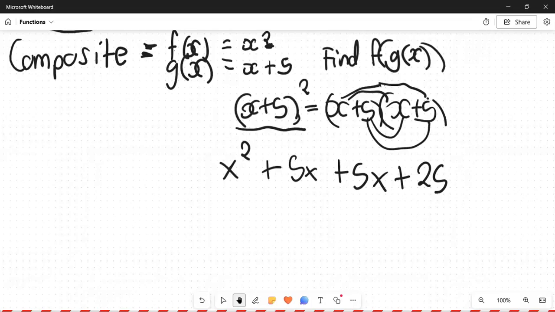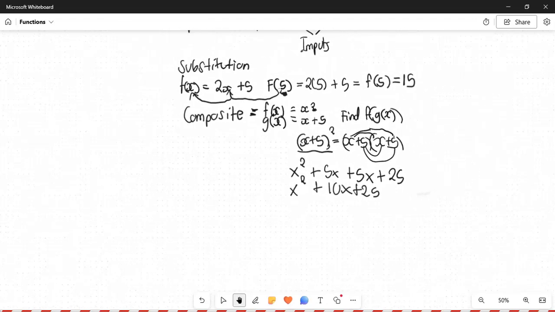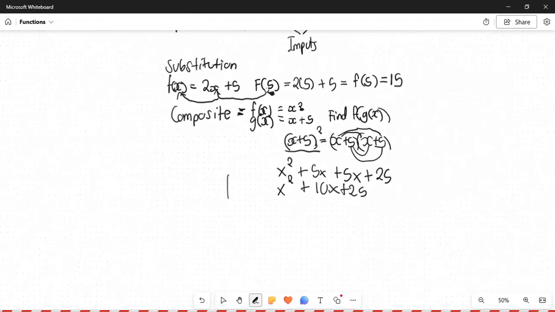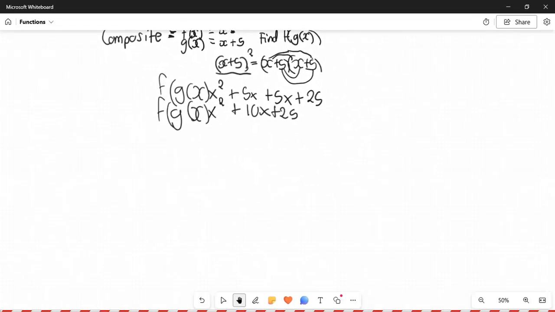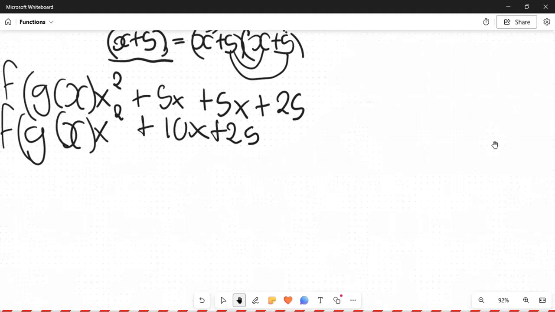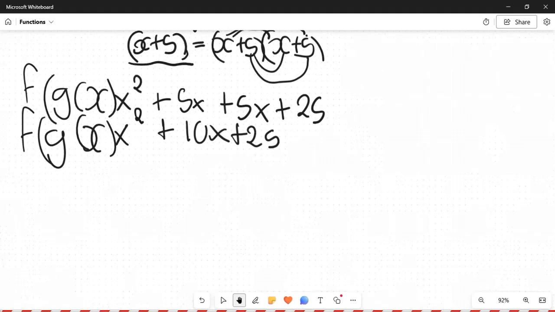Then our fg of x is going to be x squared plus 10x plus 25. This is our final answer as fg of x. I hope all of you understood fg of x.